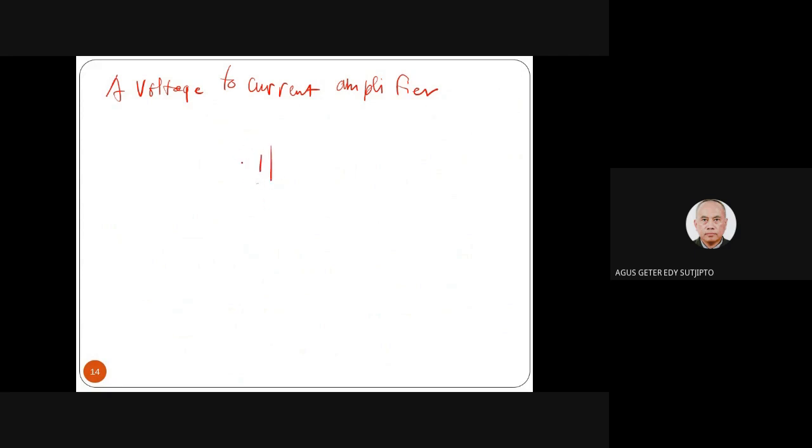This is G and this is D. There is a gap between G and D because of the silicon dioxide, oxide. And then we have an S here.